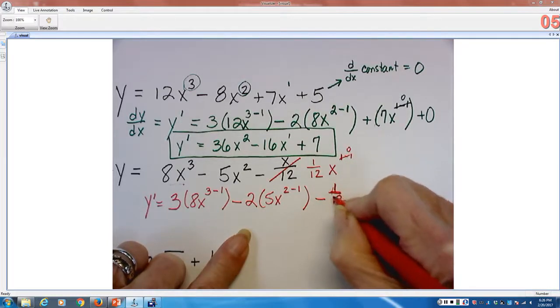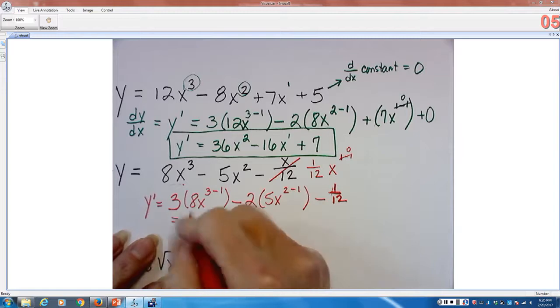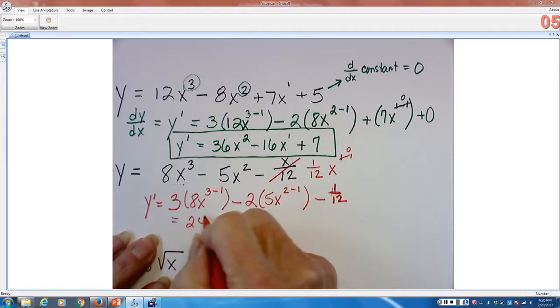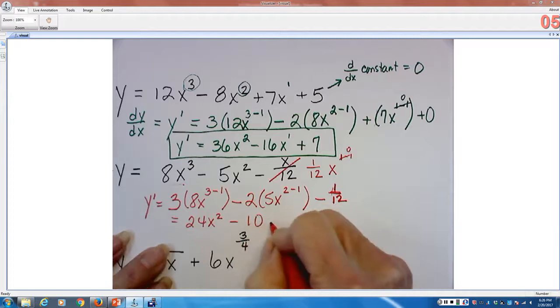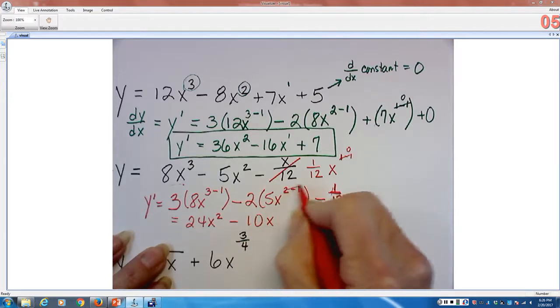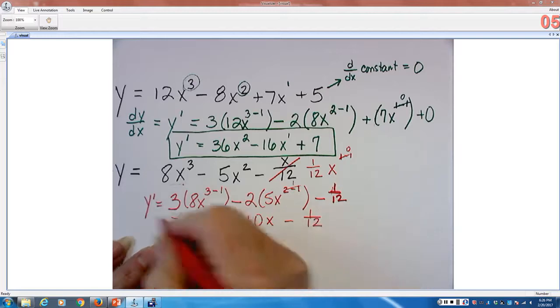So only the coefficient of the x actually sticks around. So then we simplify by saying 3 times 8 is 24x squared minus 10x, and this one is to the first power, minus 1/12.